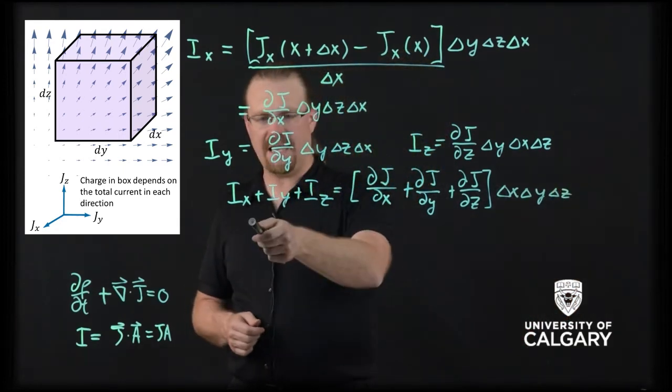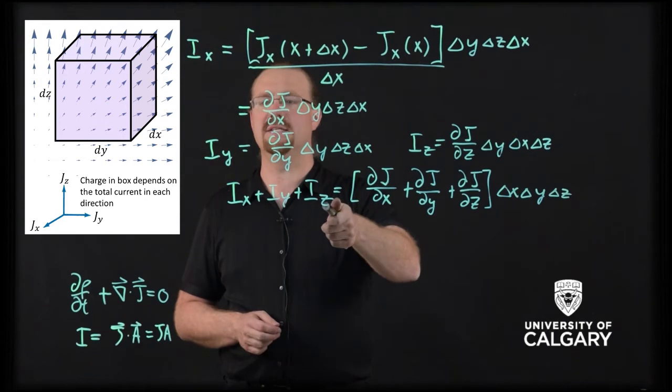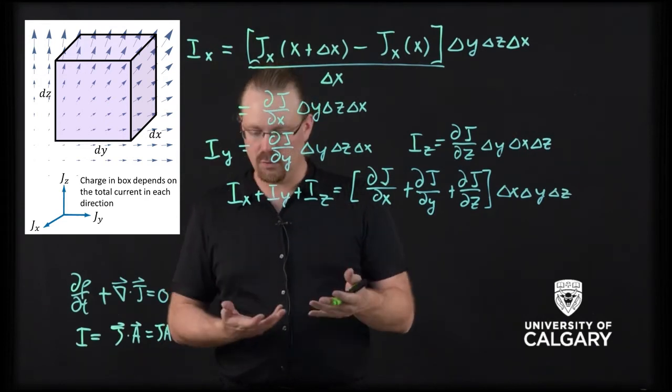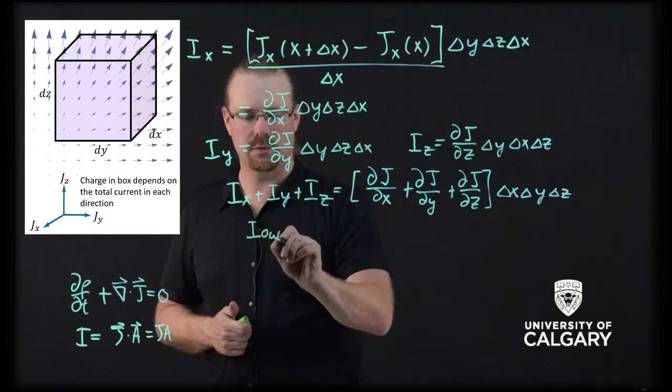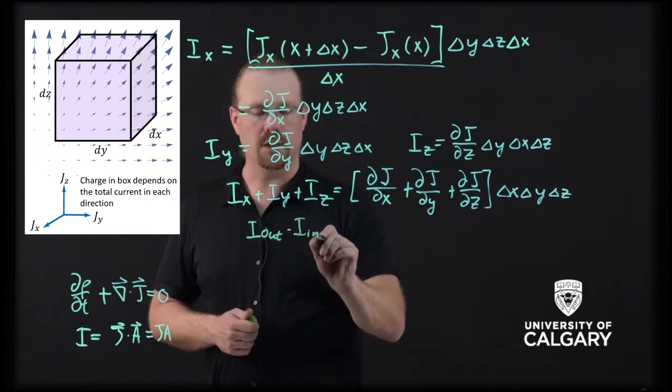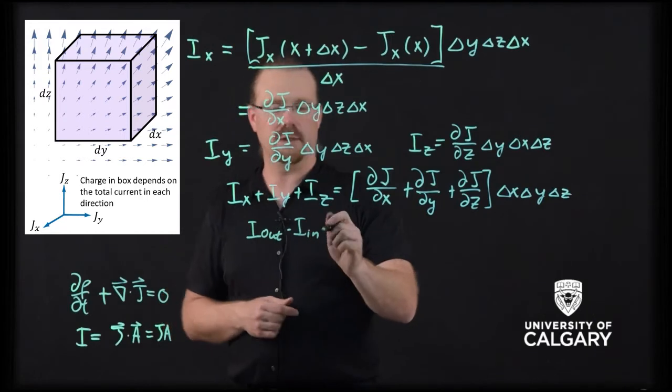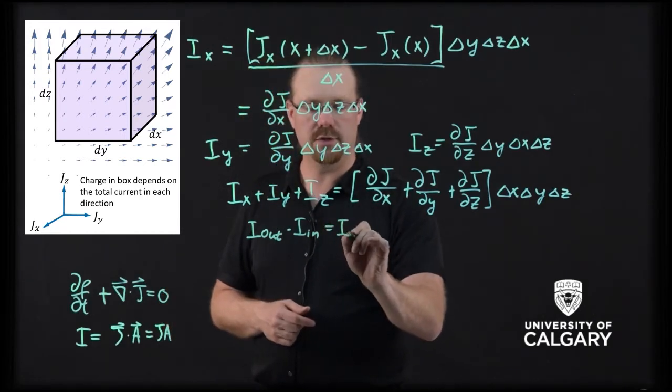Well, Ix plus Iy plus Iz, that's just going to be equal to our I out minus our I in. It's whatever current we have flowing out minus the current we have going in, and we can just call this the net current.